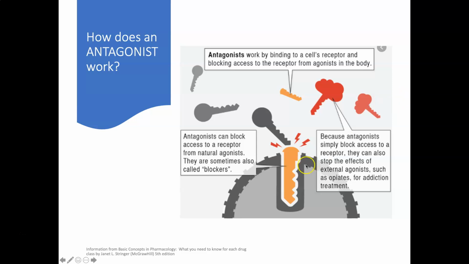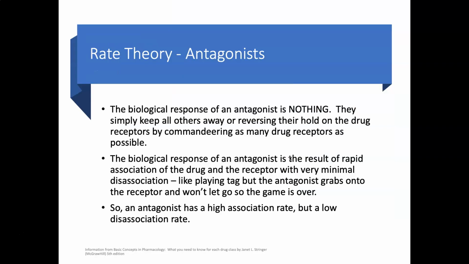That's how they work. They prevent anyone and anything, whether it's the body's own natural agonist or another agonist, from getting in there. So that's why antagonists are called blockers, because that's exactly what they do. Biological response of an antagonist is nothing, absolutely nothing.